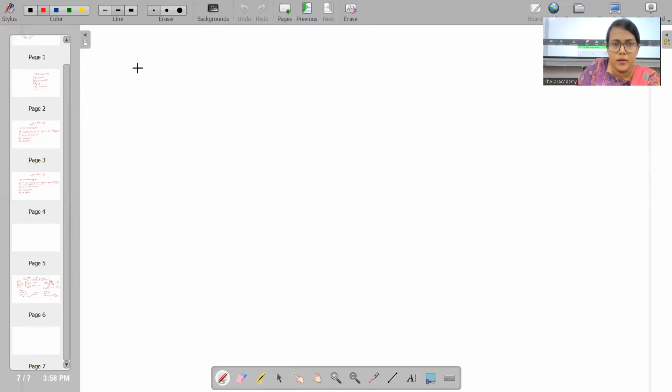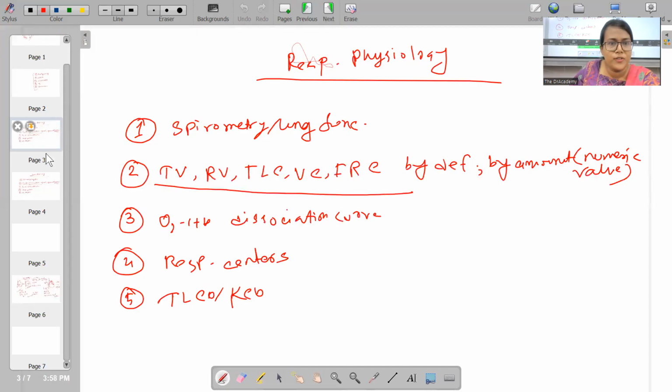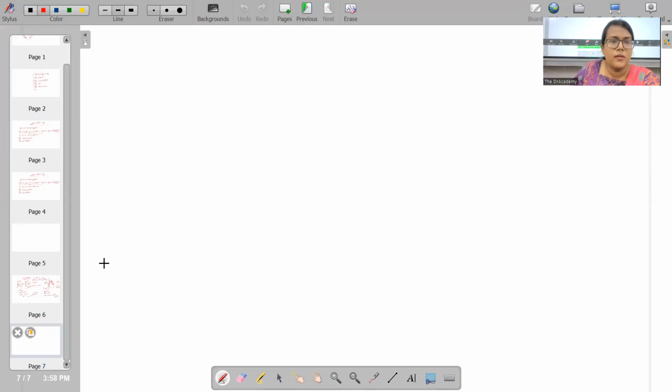All right, so from the spirometric interpretation, our next topic of discussion from the basic respiratory physiology is the different components of the spirometry. The important ones I will focus on. First of all, we will discuss the total lung capacity. Total lung capacity is the maximum volume of air that you can take in through inspiration and keep within your lungs, okay?